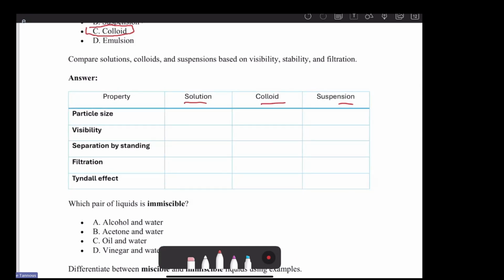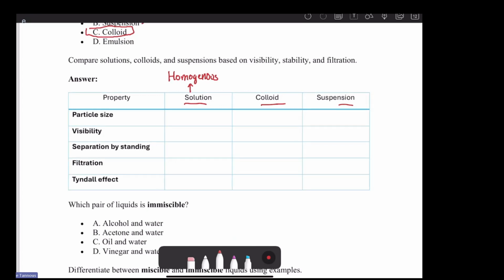So here we go. Let's start comparing solution, colloid, and suspension. Solution is a homogeneous mixture. Colloid and suspension are both heterogeneous mixtures.